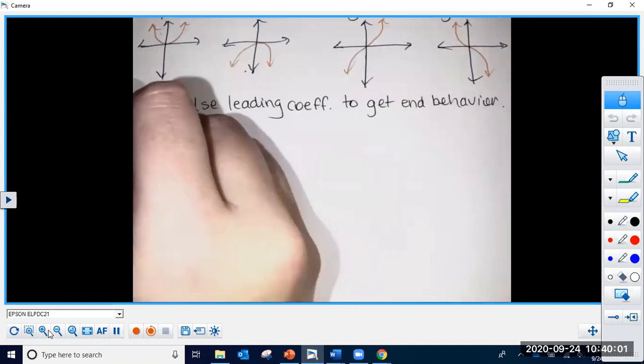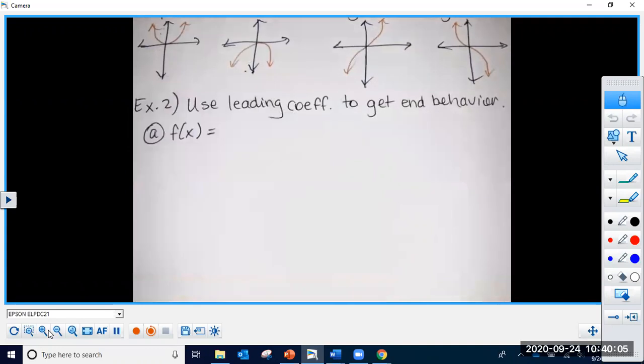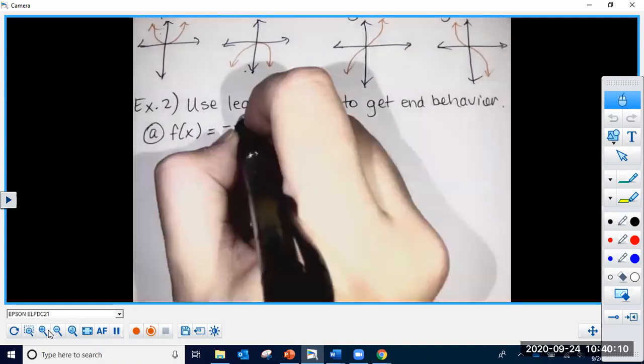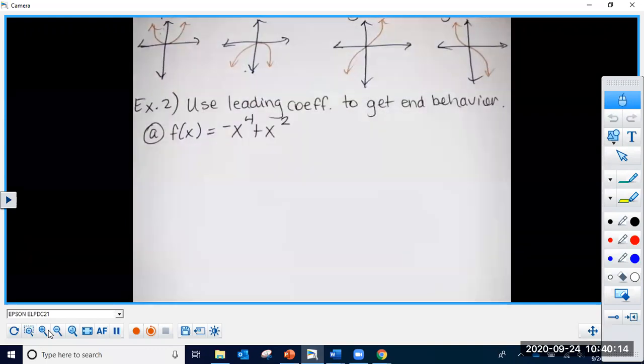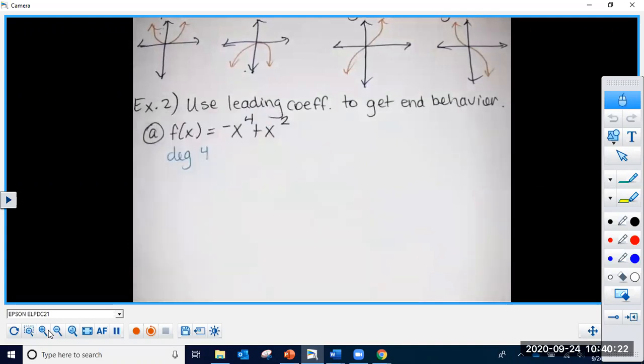So I give several different examples in this. I'm not going to go through every single one of them with you, but I've got this function f of x equals negative x to the 4th plus x squared. What is your degree? The degree is 4, so we know that it's either going up, up, or it's going down, down.